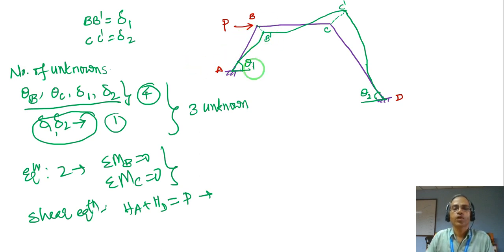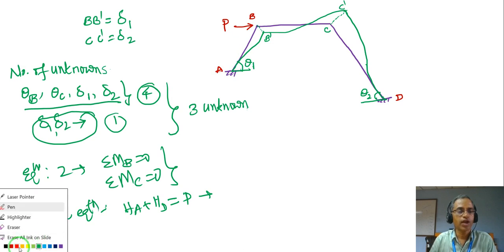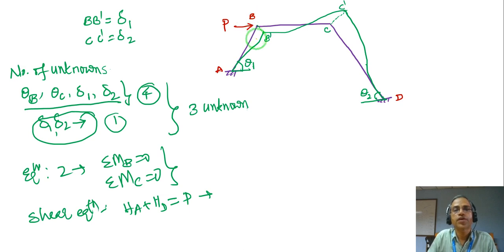Now, if you try to drop a vertical line from here, this angle theta 1, that means this will be 90 minus theta 1.